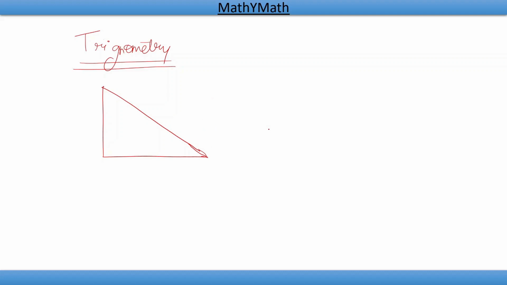So what are the main things which we need when we are talking about trigonometry? First, we need a right angle triangle. It is a necessary condition. If you have a right angle triangle, you must have a theta here.